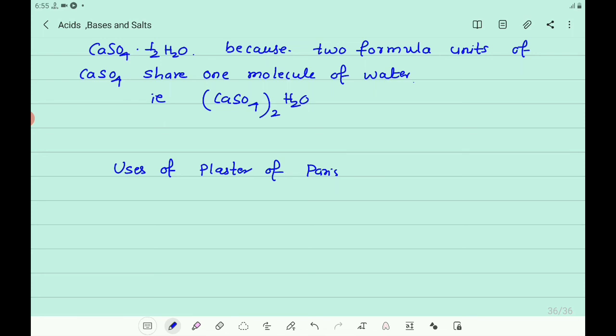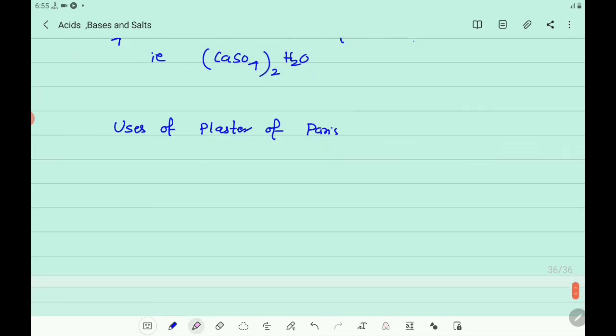That is the main use of plaster of Paris. It is also used to make toys, idols, decorative materials, and to make surfaces smooth. So you write the uses one by one.